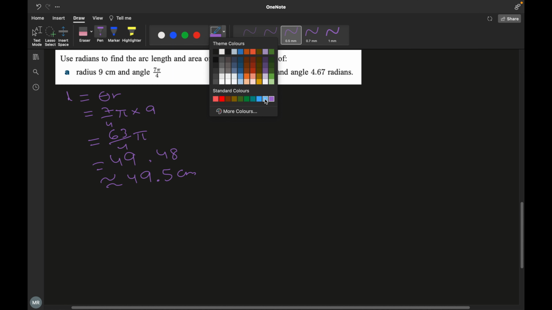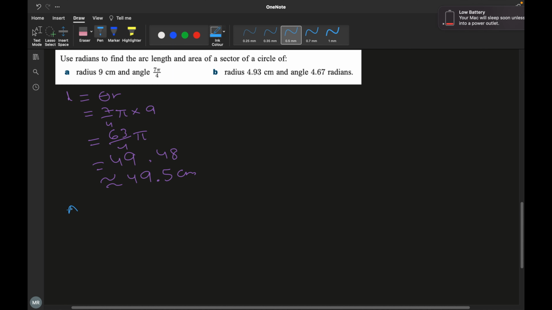Okay, now let's find the area. Area would be half theta r squared.